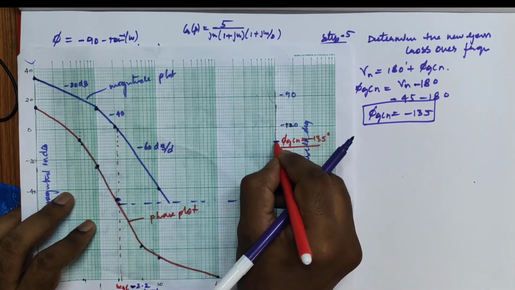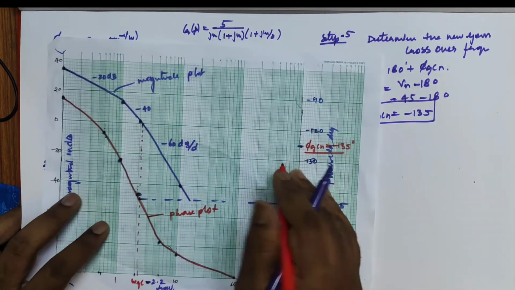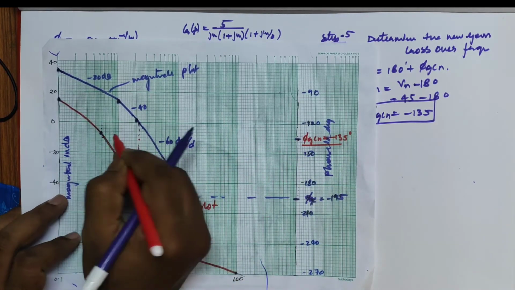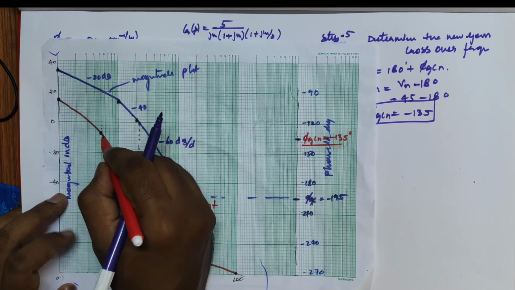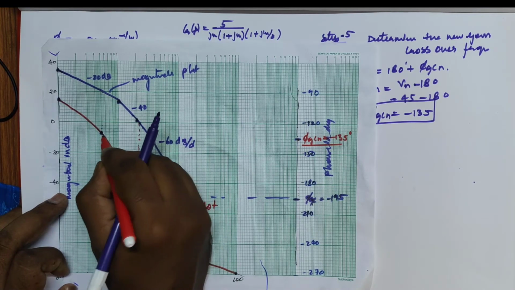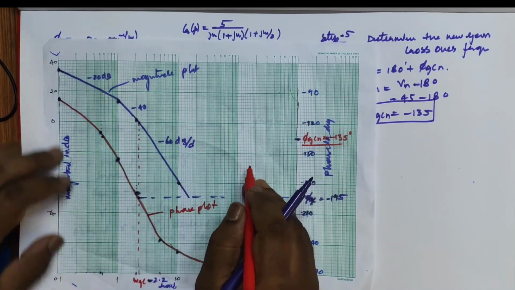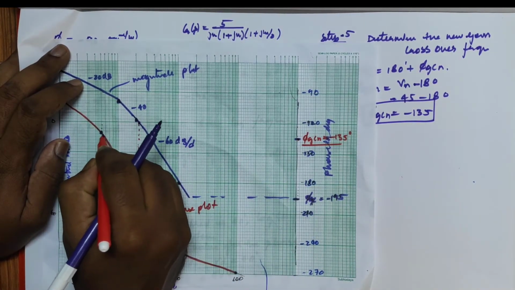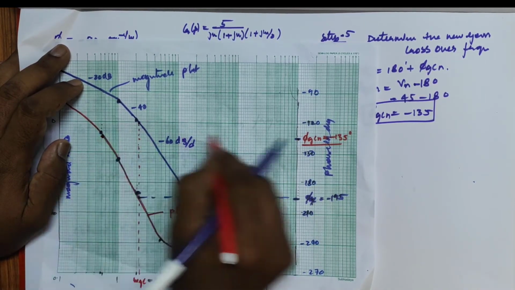Okay. Now at this phase, what is the frequency we have to see? So if we plot this, I obtained a value near to 0.5.